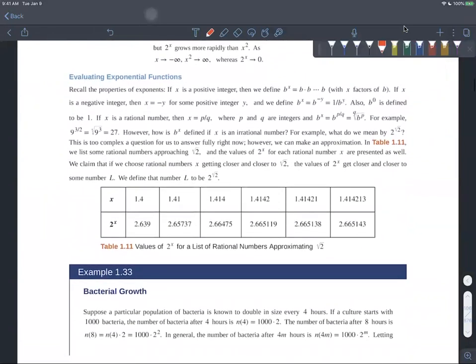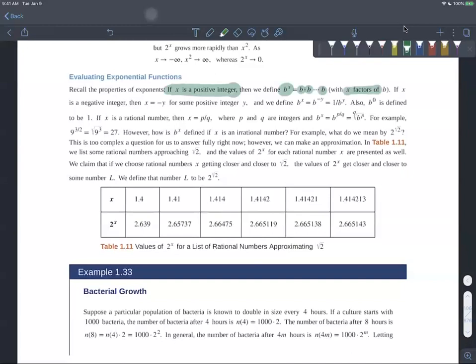Okay, so evaluating exponential functions. Let's just quickly talk about how to do that. Recall the properties of exponents. If x is a positive integer, then we define b raised to the x as just the base multiplied x times. So there would be x factors of b.